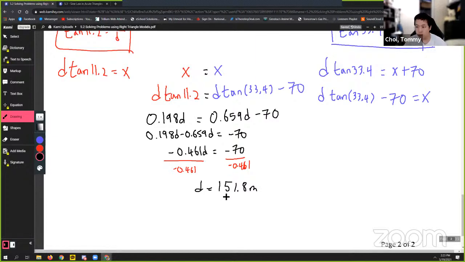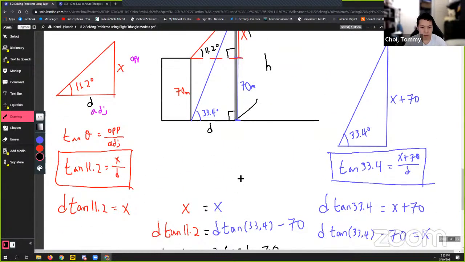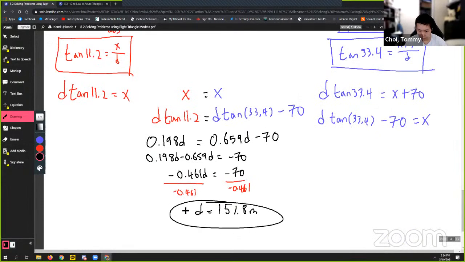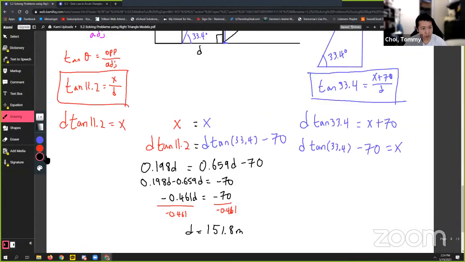And that's the distance between the two. So with this information, this part down here, we know that this is 151.8 meters now. That's the gap between the two.